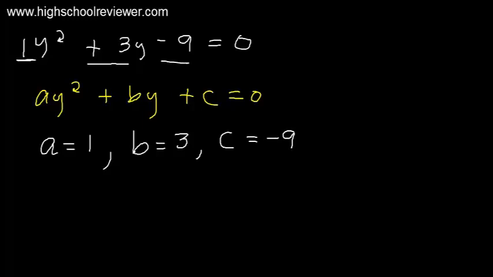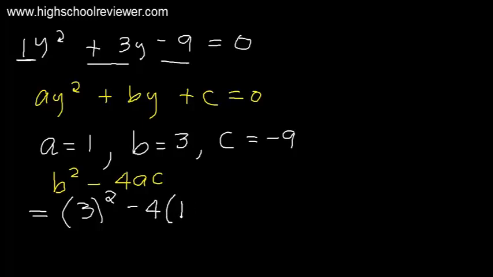And then to determine the nature of the roots, we need to compute the discriminant, or b squared minus 4ac. So substituting the values, our discriminant here will be equal to, our b is positive 3, raised to the power of 2, minus 4 multiplied by a, which is positive 1, multiplied by c, which is negative 9.